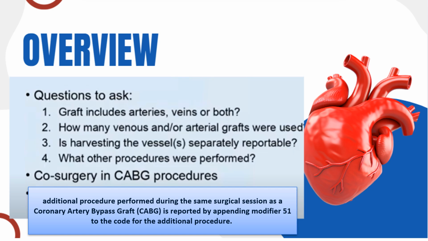And the fourth question is, what other procedures were performed? Because during the CABG, we may end up doing some other procedures. We are going to see that later. But if those procedures are done, then we need to take them into consideration, and the coding hierarchy will change.